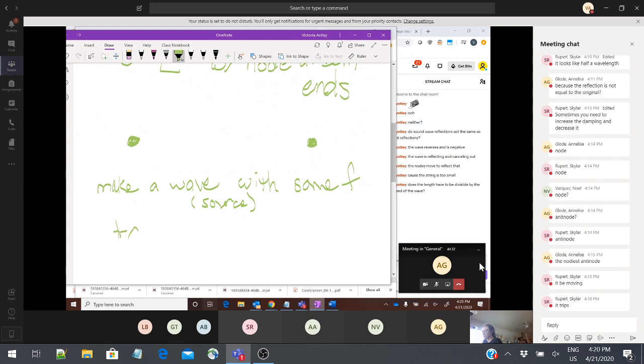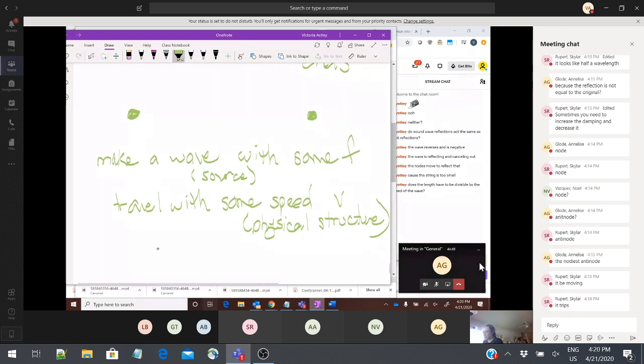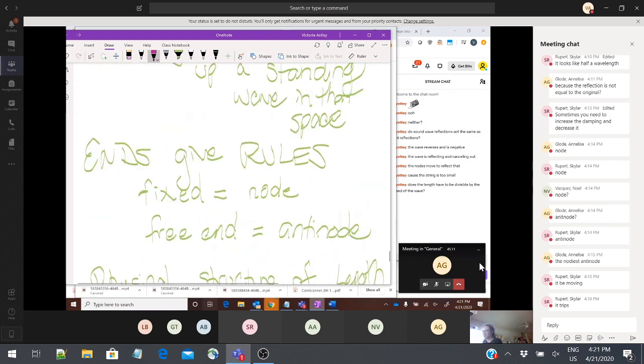And it will travel with some speed v, which is determined by my physical structure. So this might be light, it might be sound, it might be the speed of a wave on a string, it could be any of these. If I know f and I know v, that means there's a particular lambda. And I know if this is a node and this is a node, then the distance between these two has to be what in relation to lambda? Right, we talked about the separation between nodes.